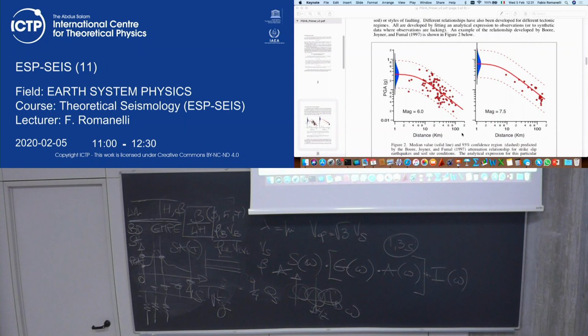You have scatter, of course, because you have many factors, including radiation pattern, including amplification, including whatever. You know how ground motion can be variable. So we have a scatter. But usually what you do is to assume a log normal distribution.